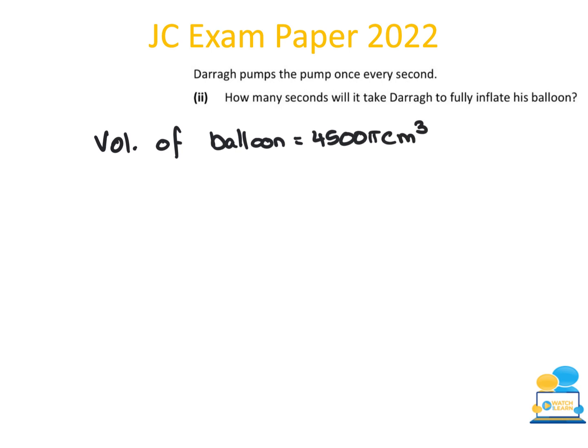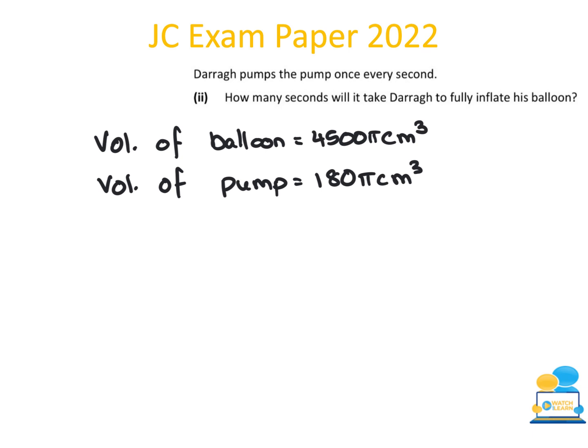And we also know from part A that the cylindrical pump has a volume of air of 180 pi centimetres cubed. So the question is asking us that if Dara pumps his pump once every second, how long will it take him to reach the volume of this size for his balloon?